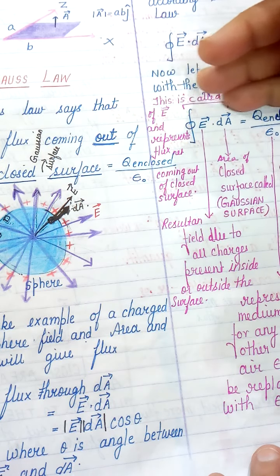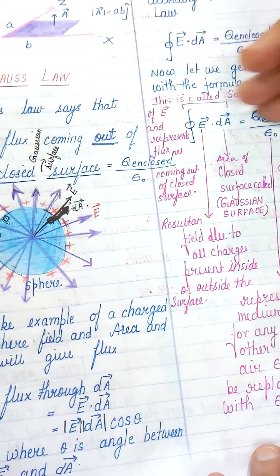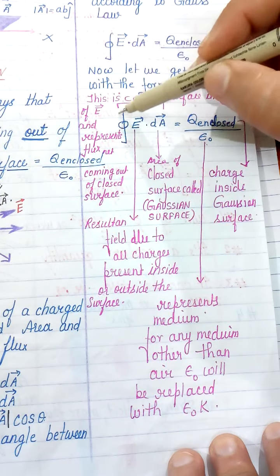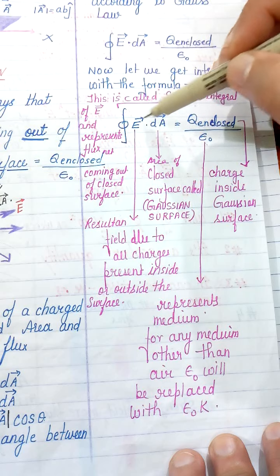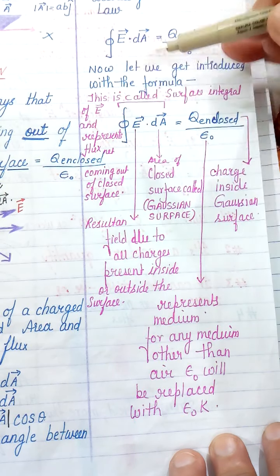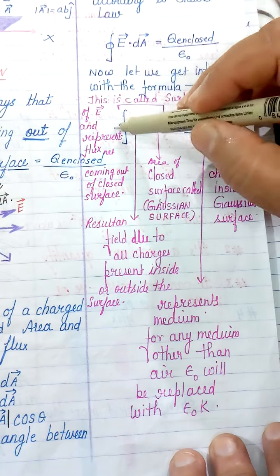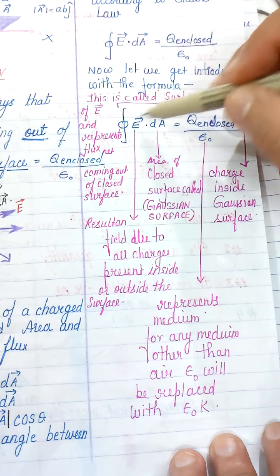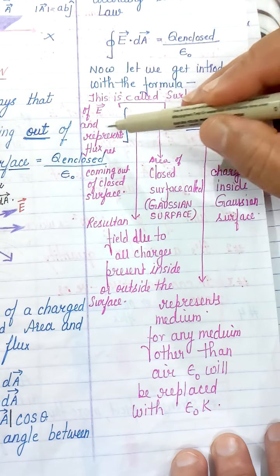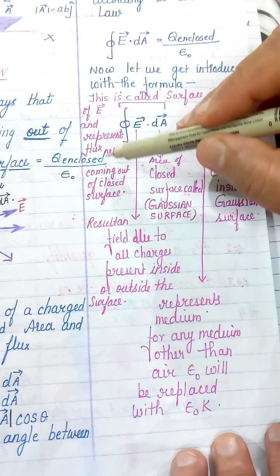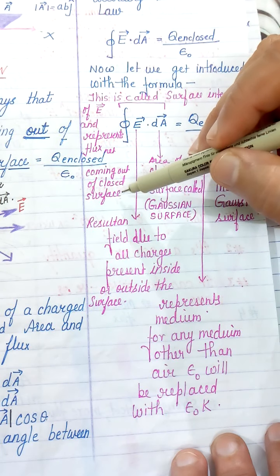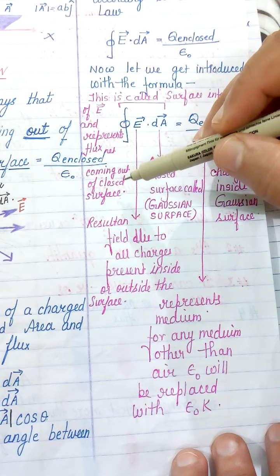Let me take an introduction of each term used in the Gauss law. This integration is called surface integral of electric field, and this left side expression represents net flux coming out of the closed surface, which is known as Gaussian surface.